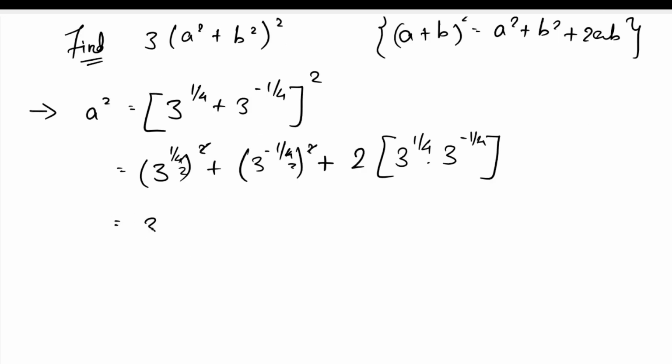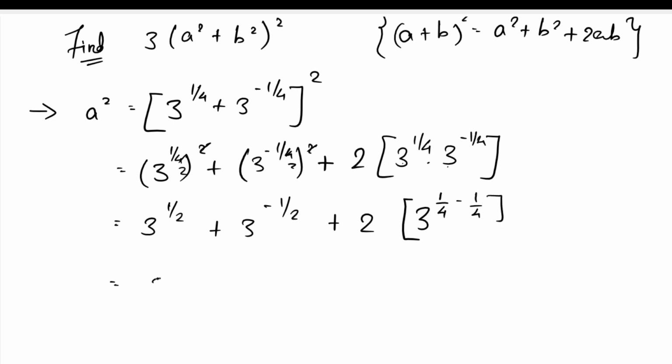So we'll get 3 to the power 1 by 2 plus 3 to the power minus 1 by 2 plus 2 into, here 3 and 3, the bases are same and it's in multiplication, so the powers can be added. So this will become 3 to the power 1 by 4 minus 1 by 4.